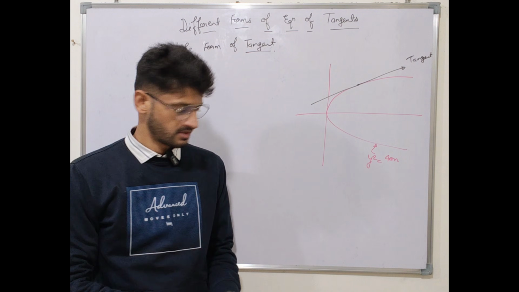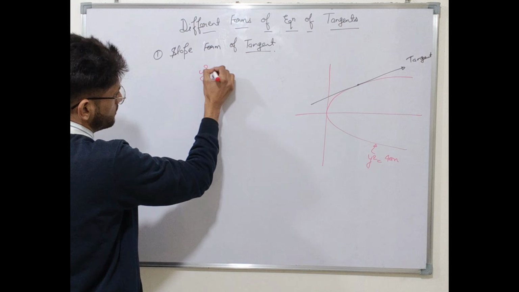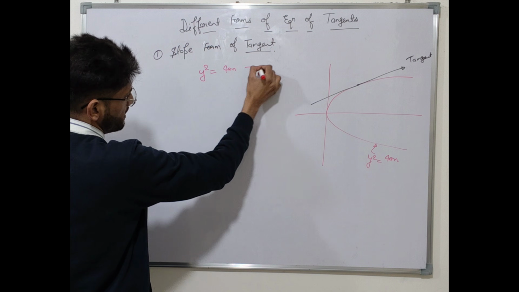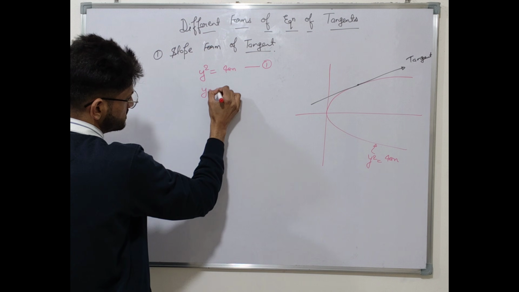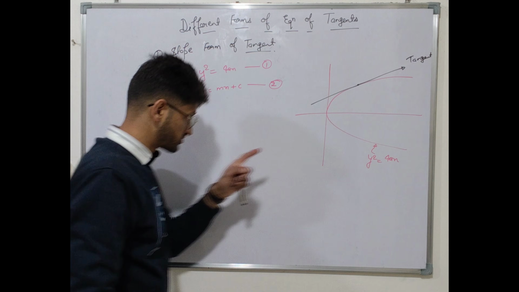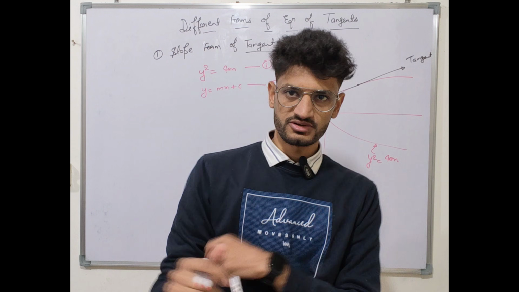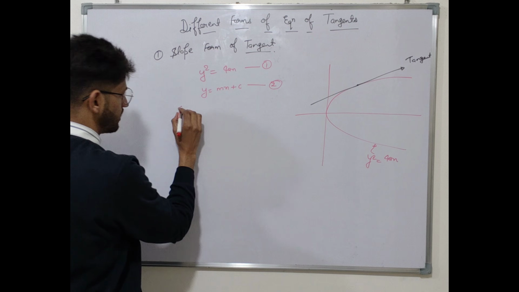Here we will observe the equation of tangent. Let's say y square equals 4ax is the equation of our parabola, and we have the equation of line as y equals mx plus c as our equation of tangent. Now we will solve this simultaneously and observe the results. So let's see what is going to happen here.